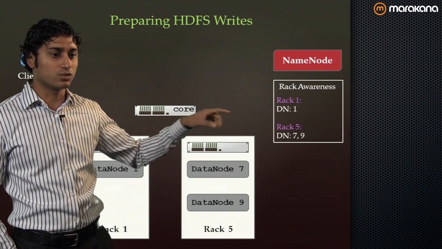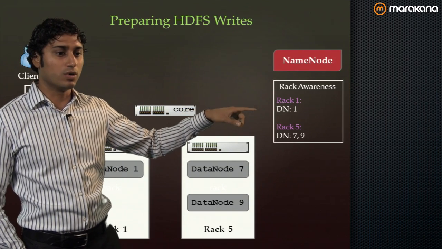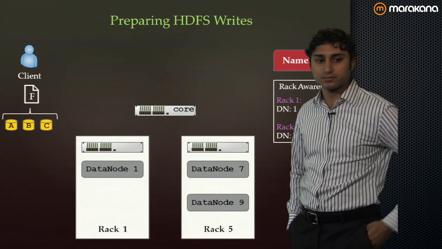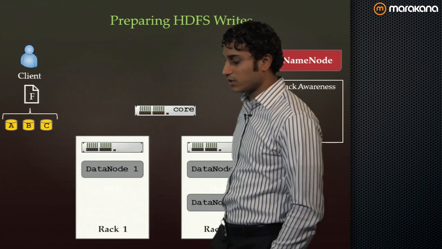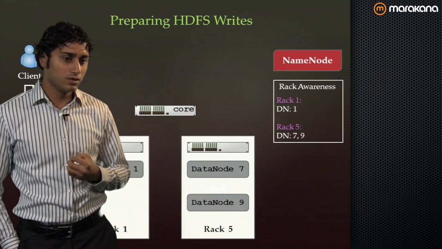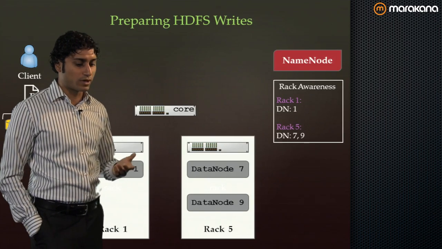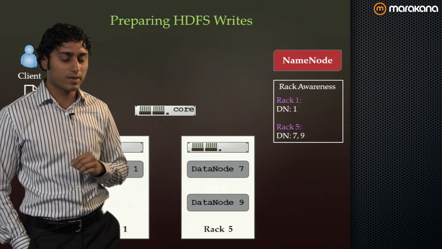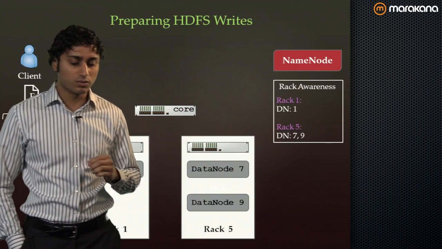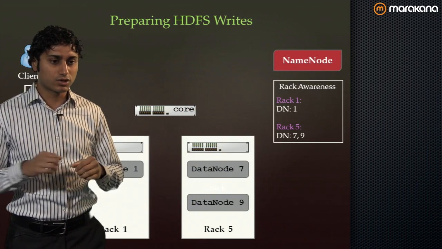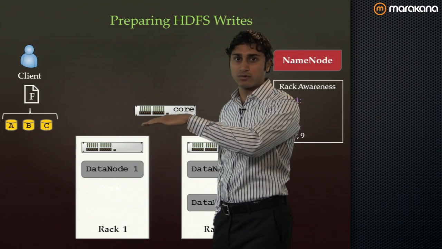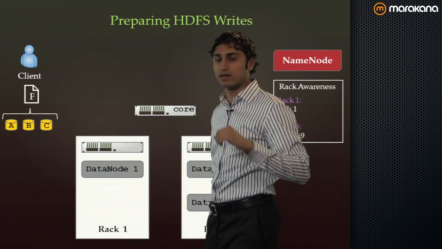Keep in mind the NameNode is rack aware. It knows that data node 1 is on rack 1, and data nodes 7 and 9 are on rack 5. All right, so when you want to store this file with 3 blocks into the cluster, you will just run one command called a copy from local command, or you'll write 5 or 6 lines of Java MapReduce, which will instruct the client API for Hadoop on your laptop to go through the following steps to write the file into the cluster.